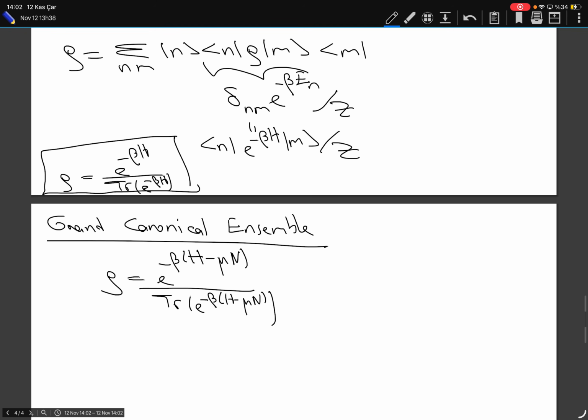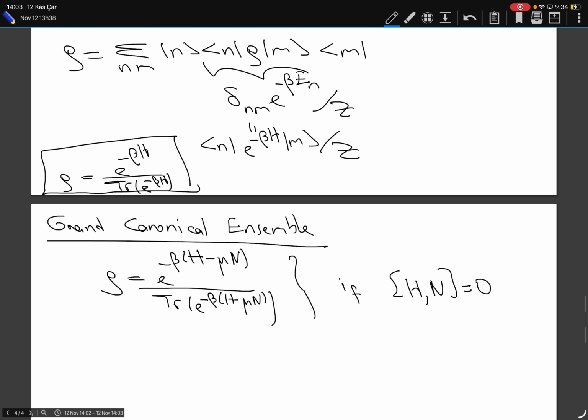And mu is your chemical potential. Well, there is a catch here though. You see, we said that rho has to commute with h, but we didn't say anything about rho commuting with n, or n commuting with h. So this is true if h and n commute. If the number of particles is conserved, then rho, the density matrix, is given by this expression.